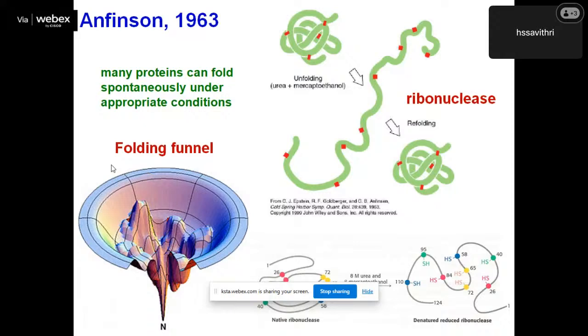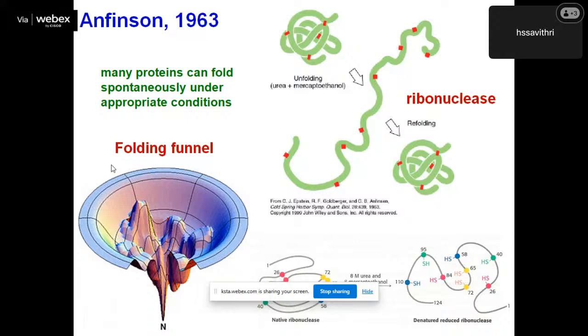In fact, in 1963, Anfinsen, who got the Nobel Prize for his work, showed that if you take a protein, which I have shown you on the right hand side top, a protein which is well folded, you can see it has a very characteristic fold. It has a structure. You heat it, or you treat it with a compound called urea and mercaptoethanol. It loses its structure, and the beads get stretched, and the chain becomes elongated.